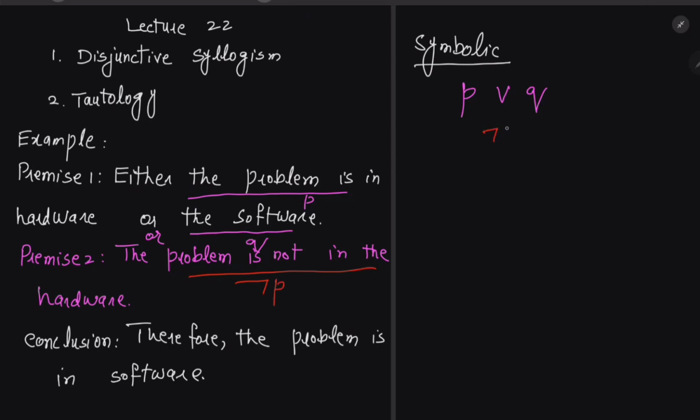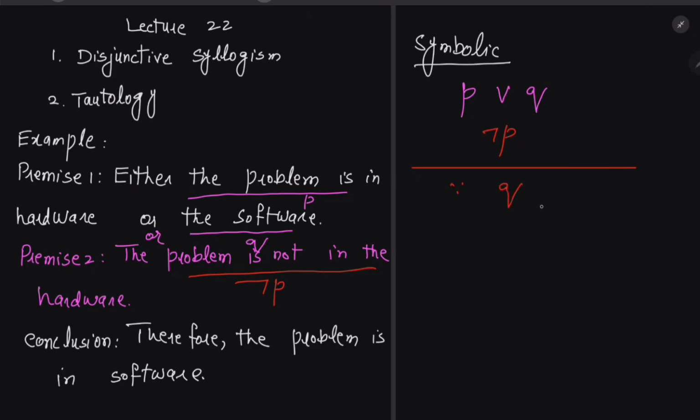If it is not P, then the conclusion is, usually we write it this way, we write a horizontal line, and then afterwards we write Q, the culprit.